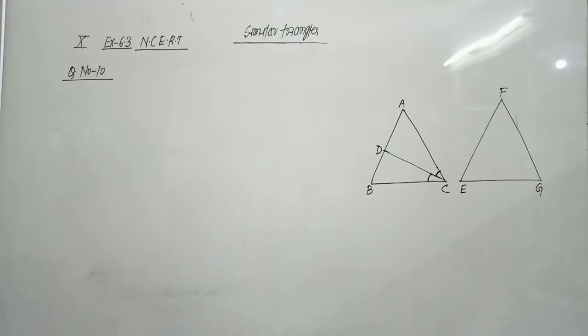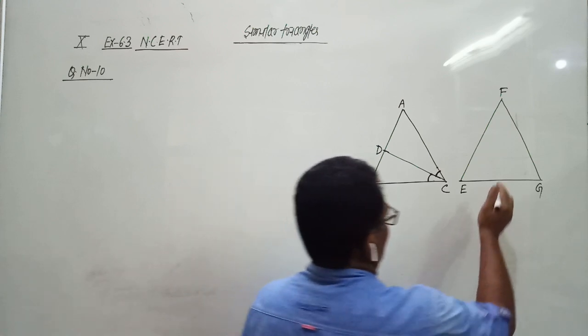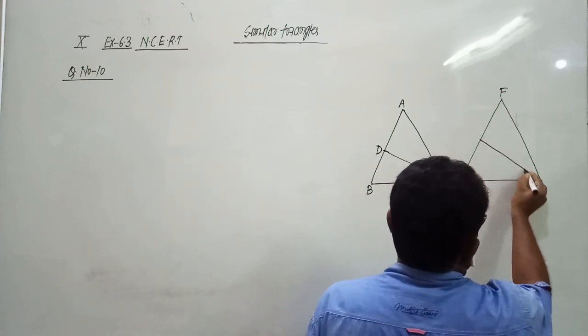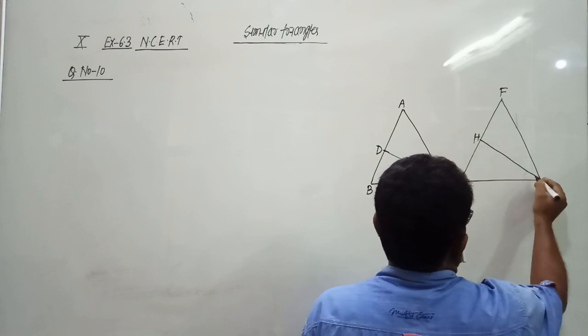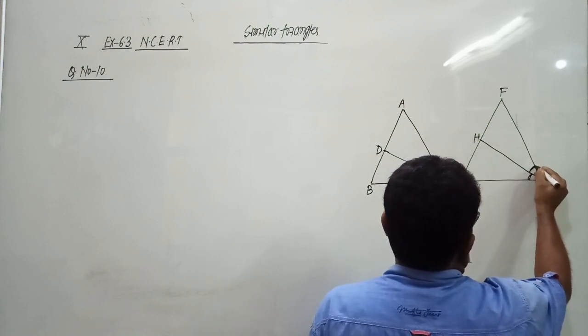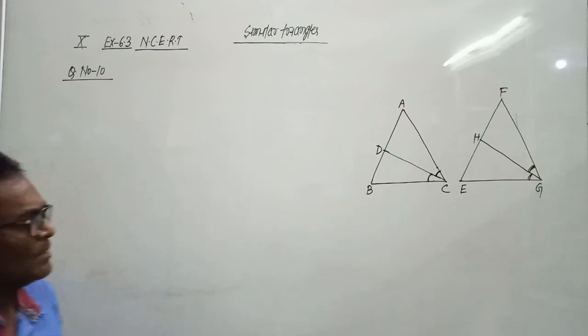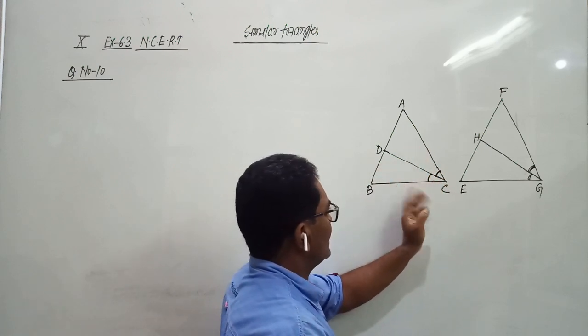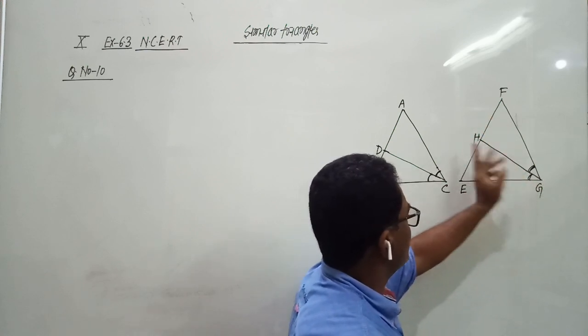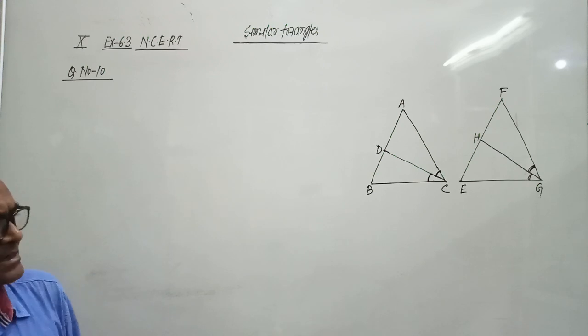And GH is the bisector of angle EGF. So in triangle ABC, CD is the bisector of angle ACB, and in triangle FEG, GH is the bisector of angle EGF.